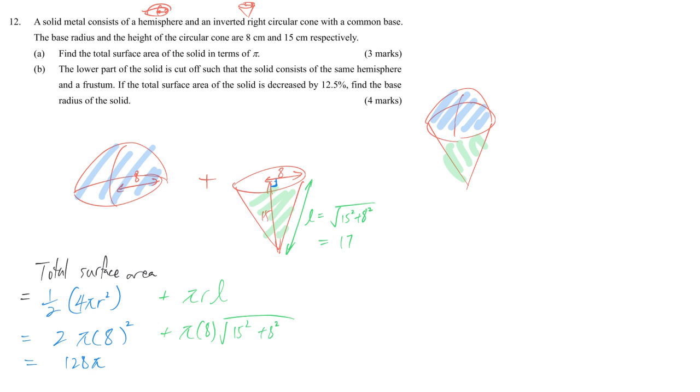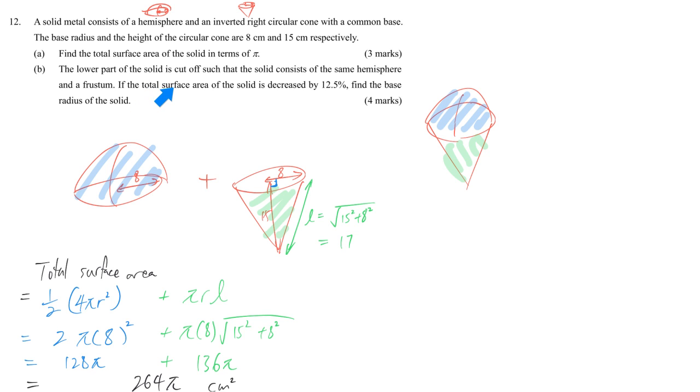So this is pi times 8 times 17, and we get 136 pi. To get the total surface area, we just add these two together. So the final outcome is 264 pi cm squared. The question asks you to write in terms of pi only, so leaving a pi here is good enough. You don't need to use your calculator.